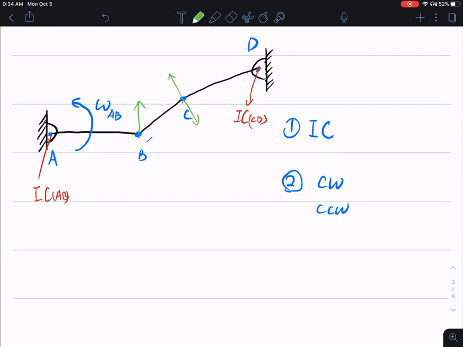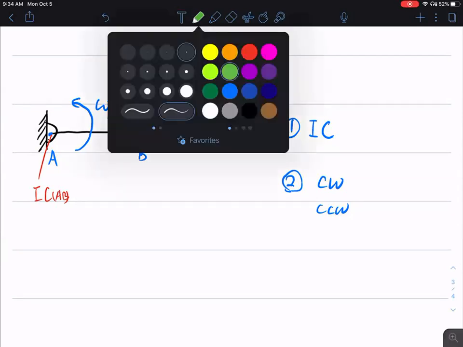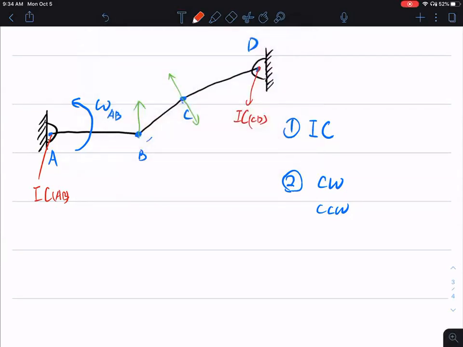That's how we find the direction of velocity at point C. Now that we know the directions of velocity, we can start drawing lines perpendicular to those velocities. One's there, another one is here. Make sure they're perpendicular. The intersection right there is the IC for BC.